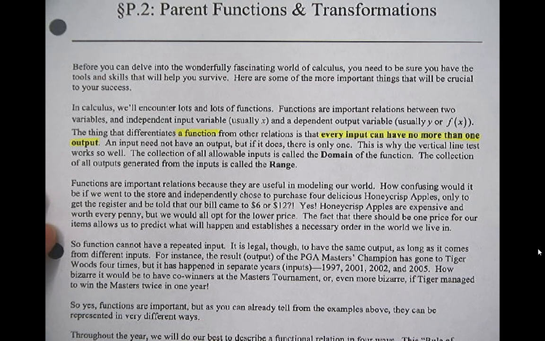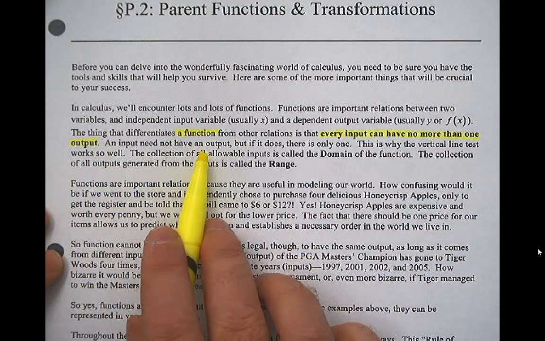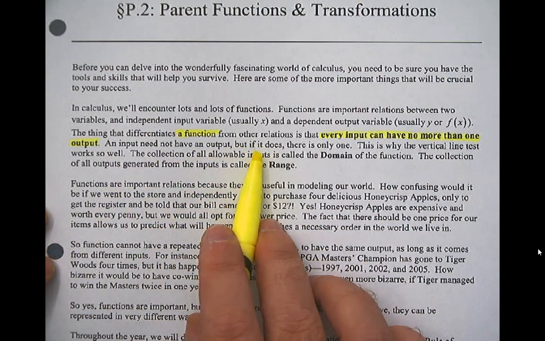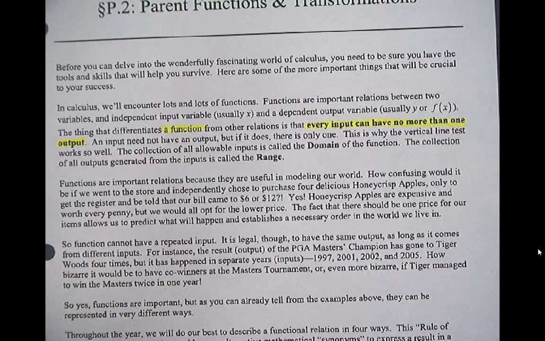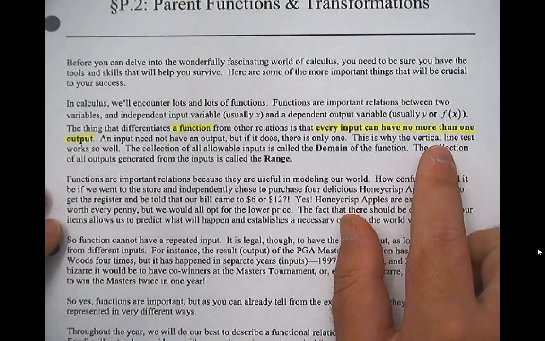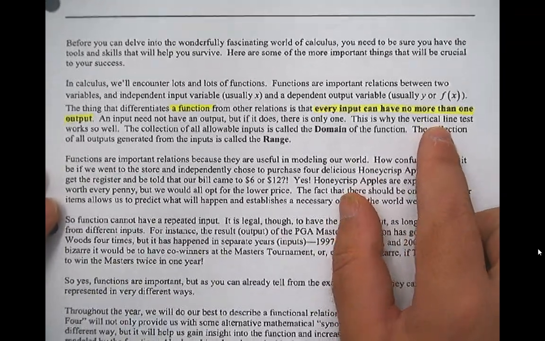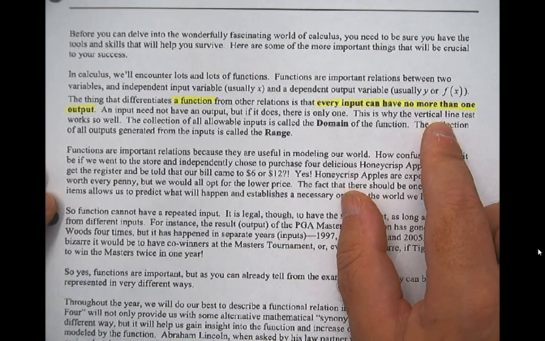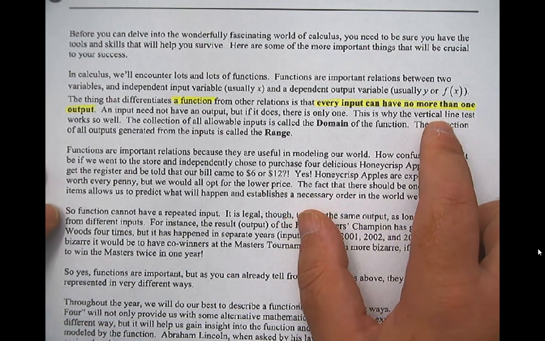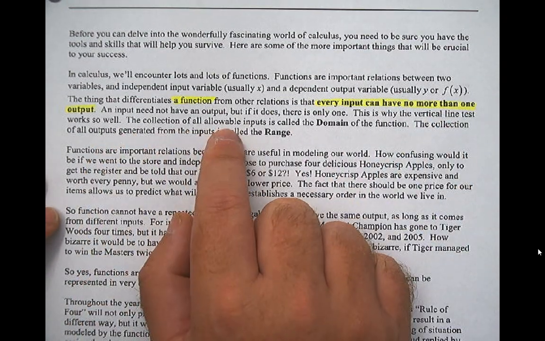In my class, we say it, for every x, there's exactly one y. So you don't have to have an output, but if it does, there's only one output. And there's something called the vertical line test that we could use that checks to see whether or not a relation is a function. Maybe you remember that from Algebra 2 and Pre-Calc.